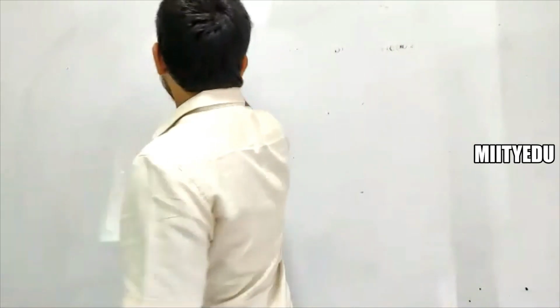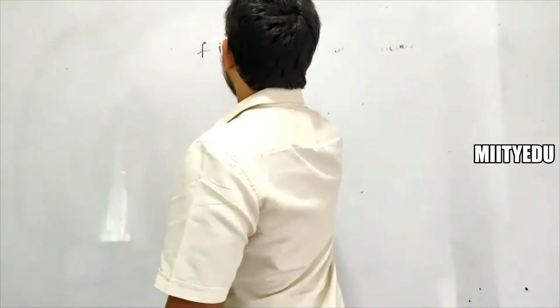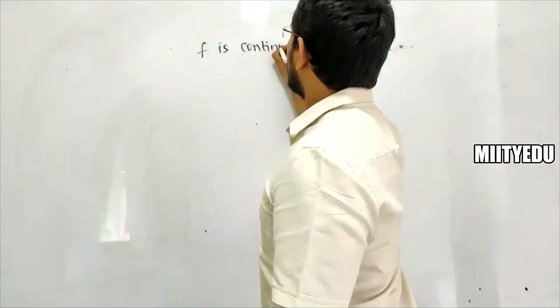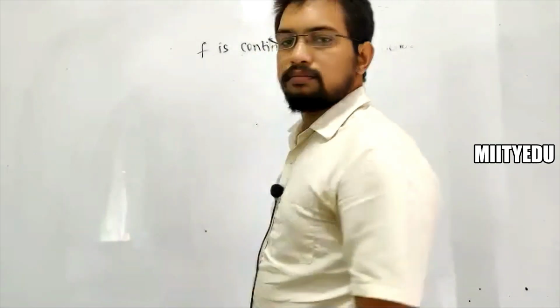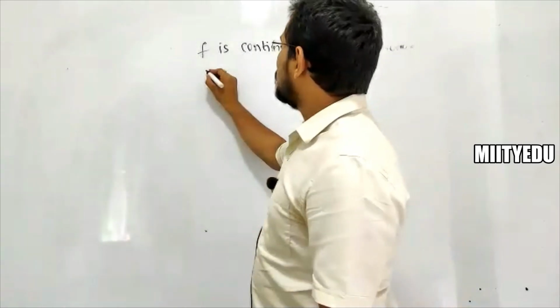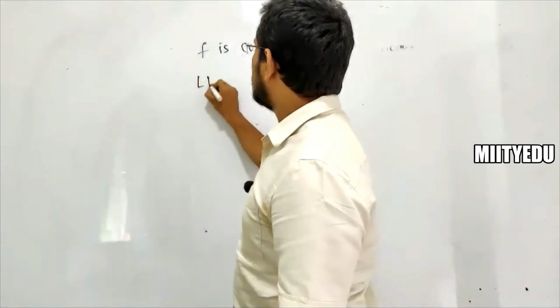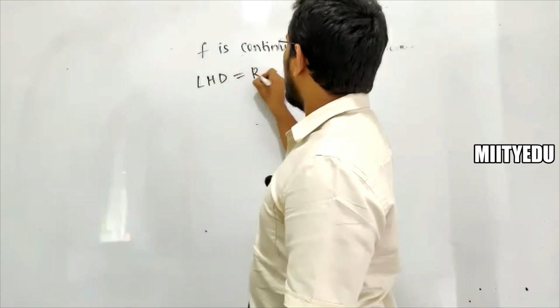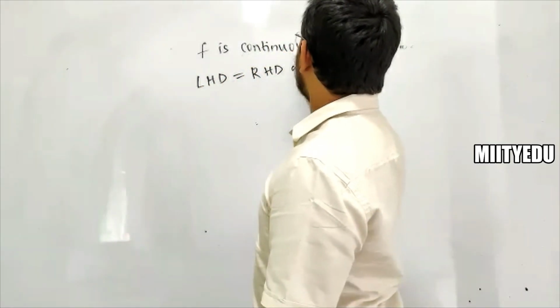First point is something like f is continuous. Next part is something like left hand derivative and right hand derivative at x is equal to a.